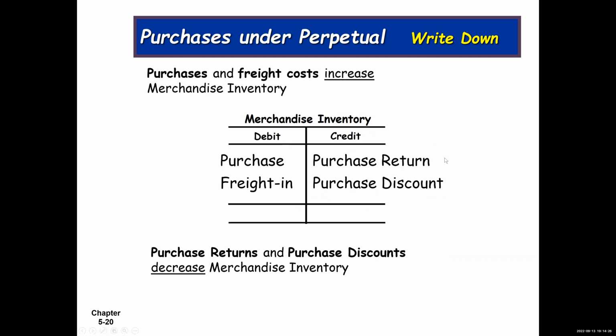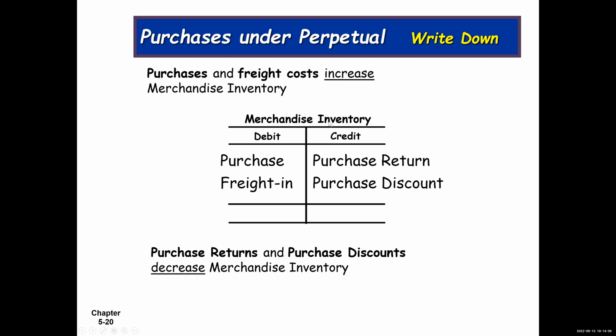If you return the merchandise, right, you give it back to the vendor, well, you've got to credit your inventory because you don't have it anymore. You gave it away. You gave it back. That's going to reduce the merchandise inventory account with the credit. There's also this thing called purchase discount for early payment. So say you purchase it for $100.